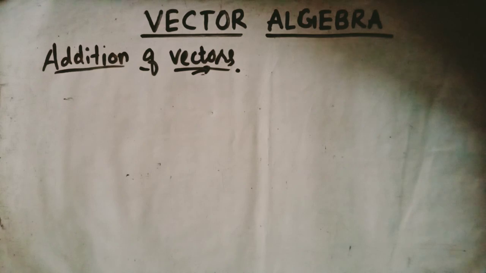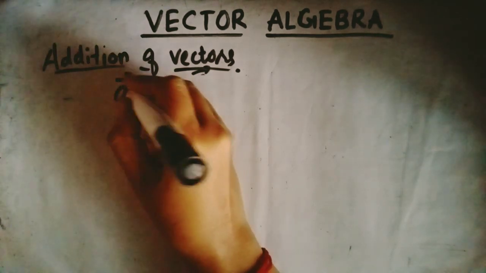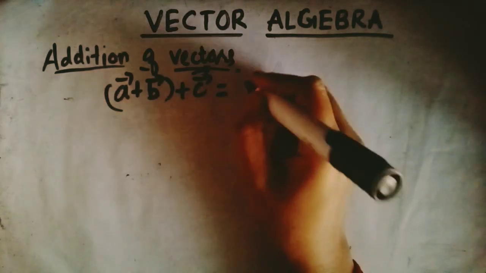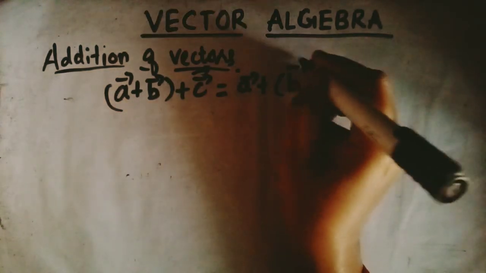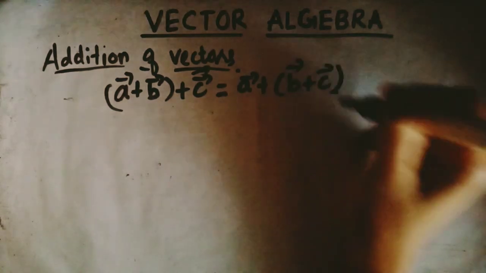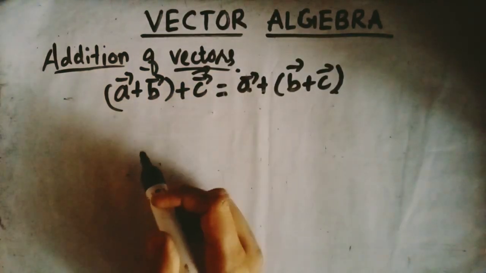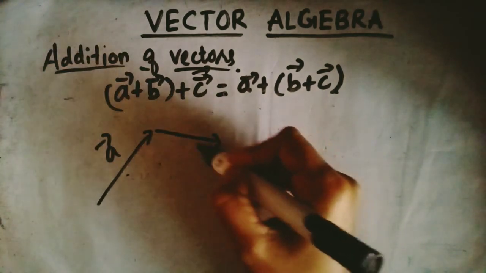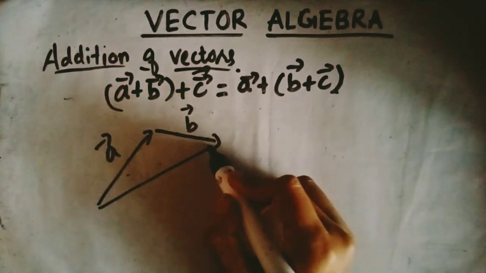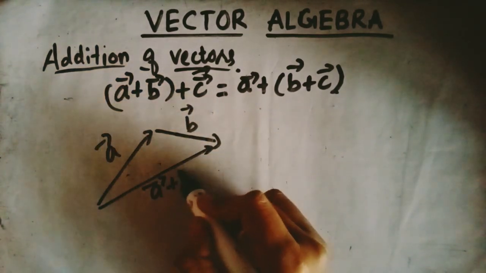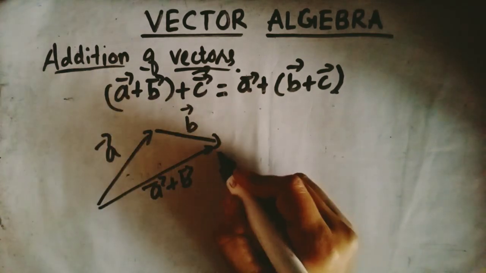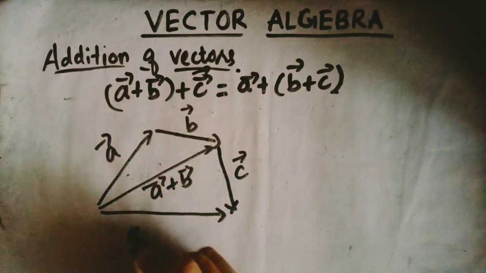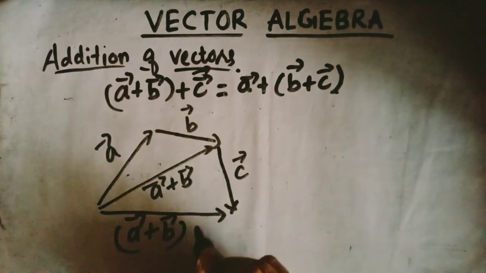Second one is, it is associative, that is a plus b plus c equal to a plus b plus c. So if you have two vectors, say a and b, this will give you a plus b, correct? And there is one more vector, say c, then this will be your a plus b plus c.